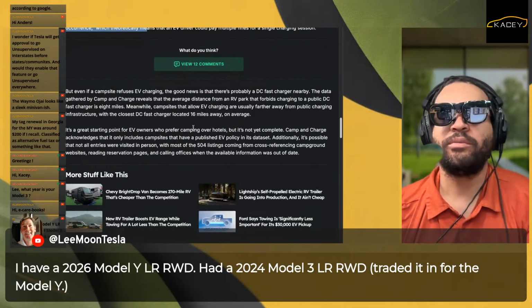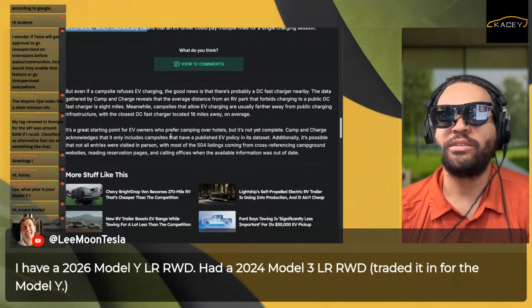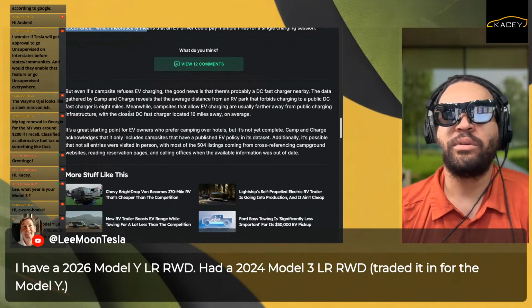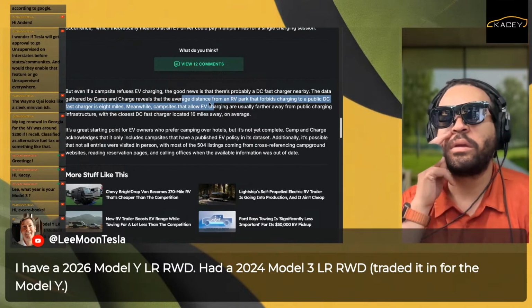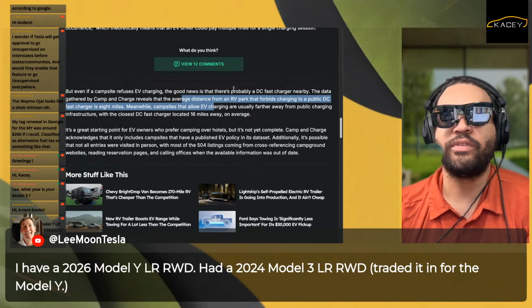But even if a campsite refuses EV charging, the good news is there's probably a DC fast charger nearby. The data gathered by Camp and Charge reveals that the average distance from an RV park that forbids charging to a public DC fast charger is 8 miles.